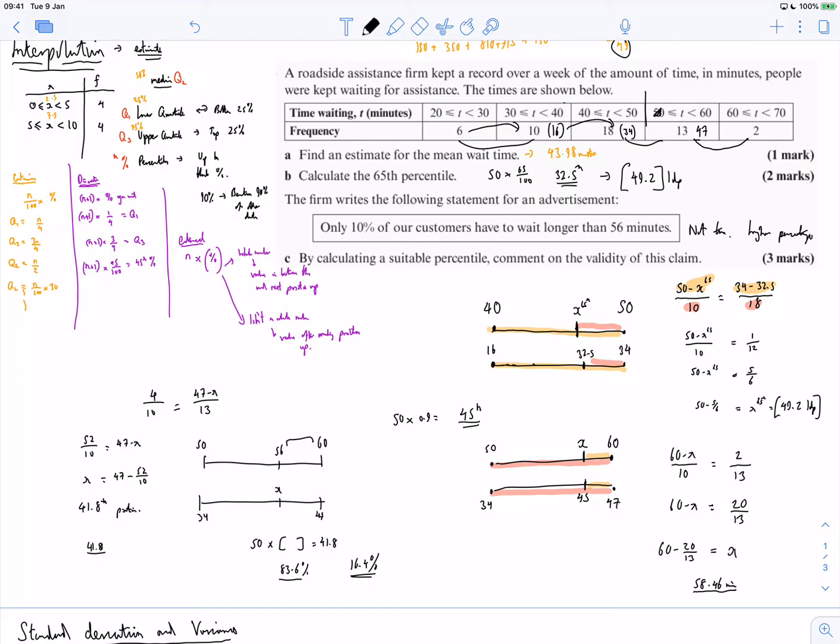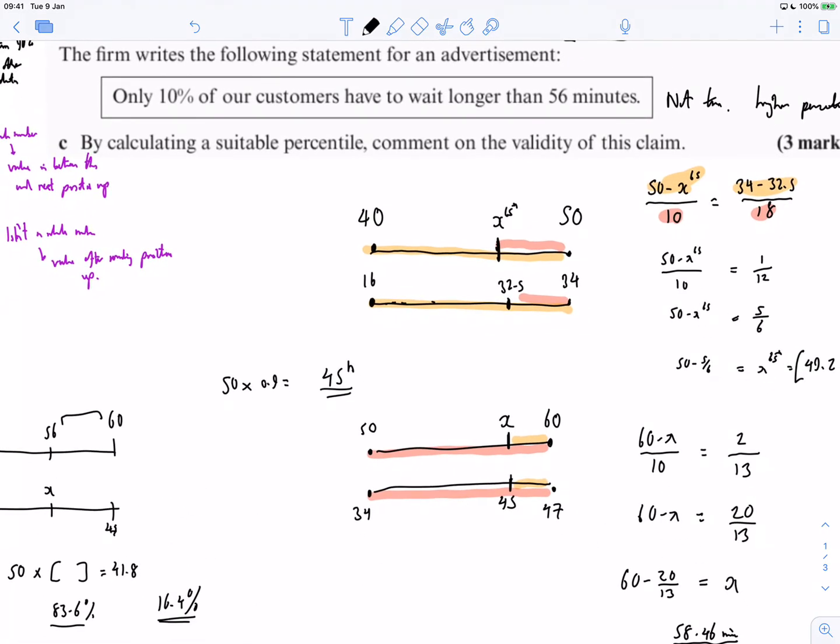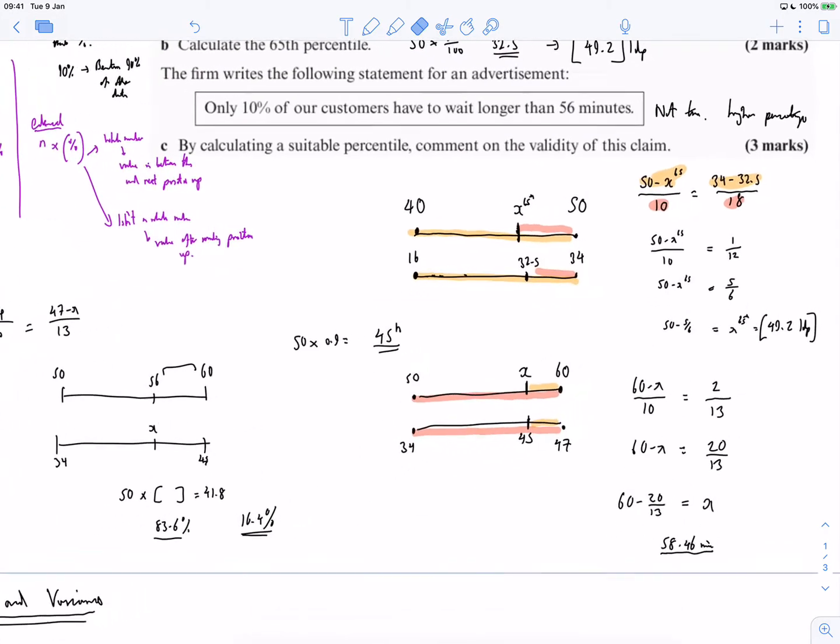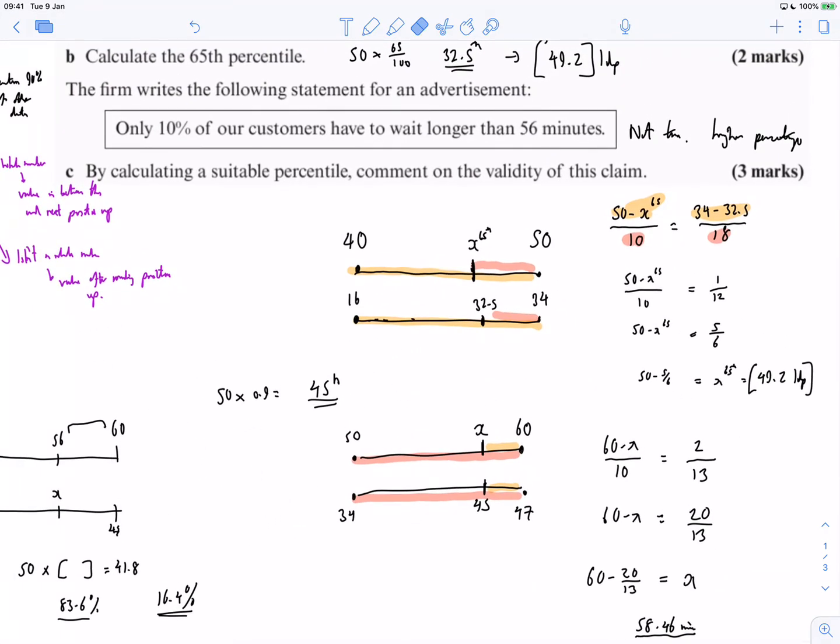And by the way, this idea of taking ratios and kind of estimating where certain percentiles or quartiles are, this is called interpolation. Whenever you're trying to smooth out things or estimate where certain values are within a data set, that's called interpolation.